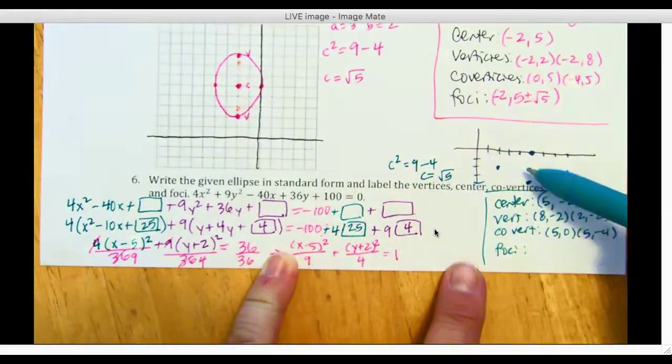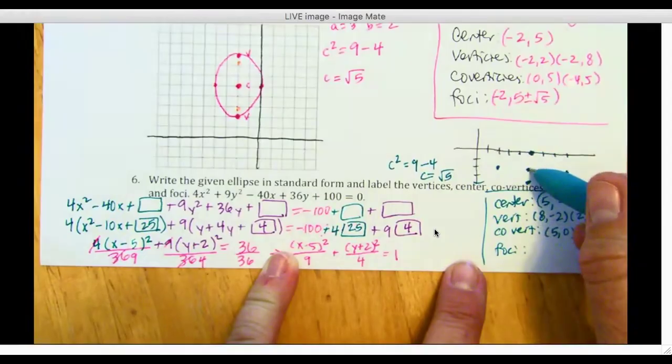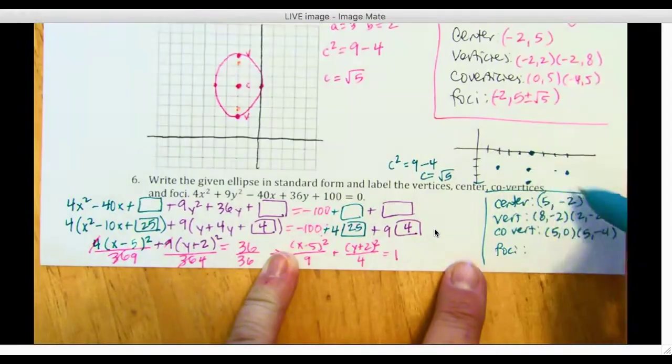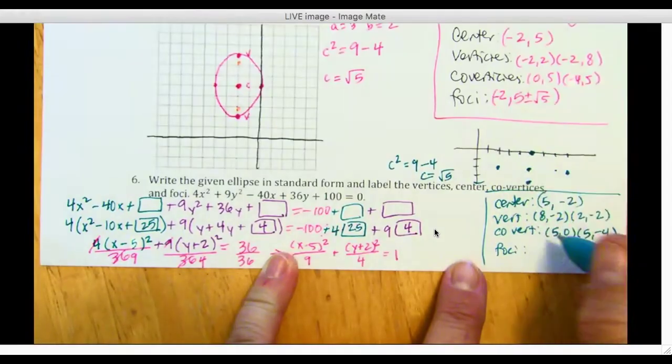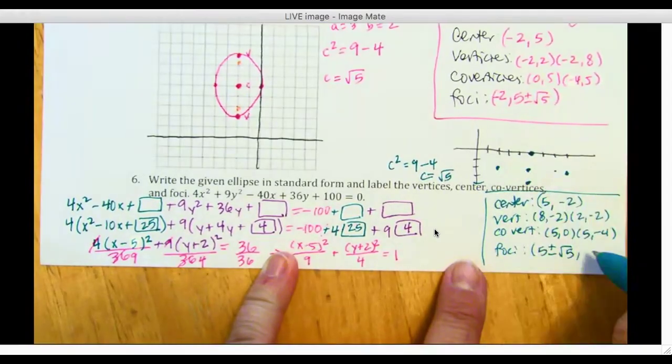So like we did before, my x value now is going to be at positive 5 here, and then I'm going to the right root 5 and to the left root 5 since this is a horizontal ellipse. So my x value is 5 plus or minus square root 5, and my y value stays -2 that whole time.